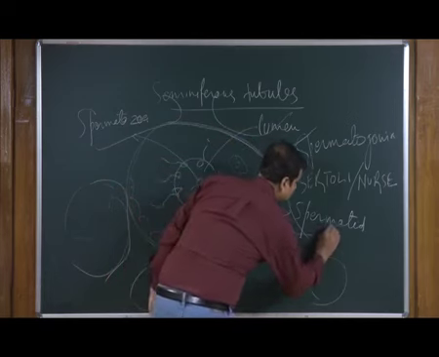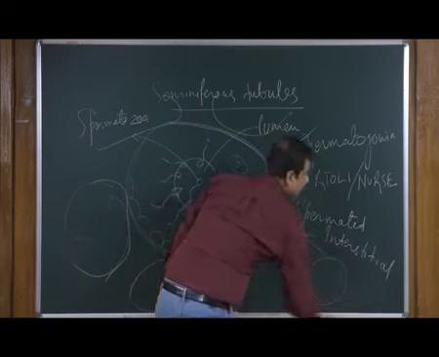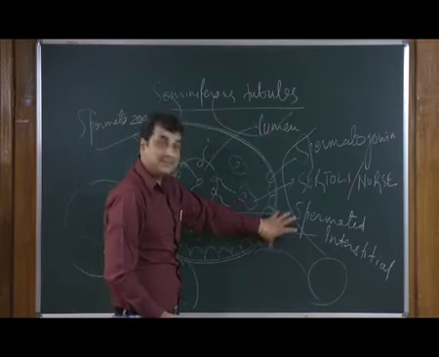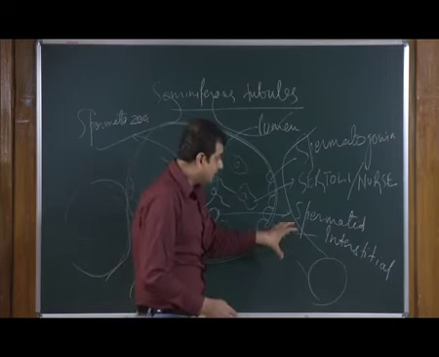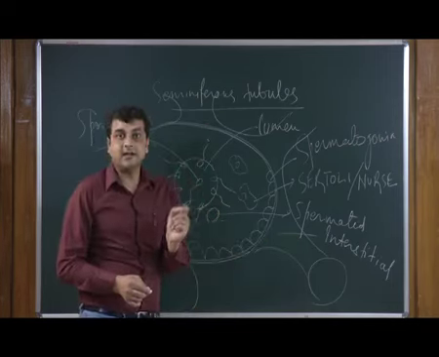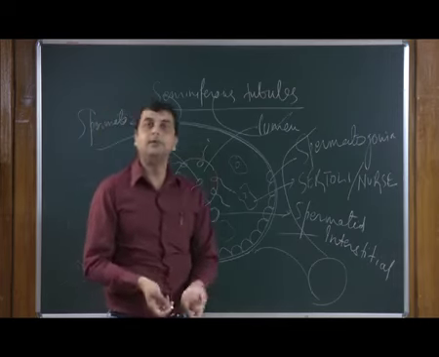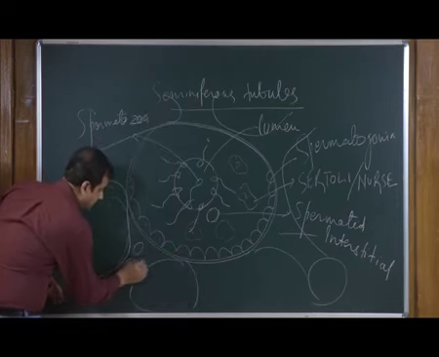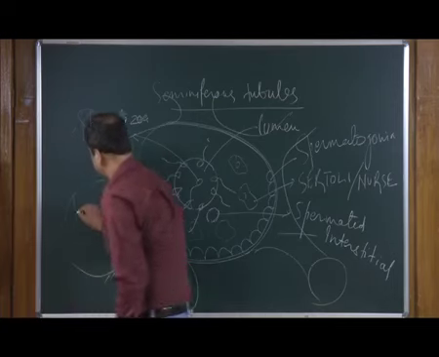The interstitial space around the seminiferous tubules has a very specialized kind of cell. Sometimes those cells are called interstitial cells because they are available in the interstitial space. These cells are very unique. They are called Leydig cells.